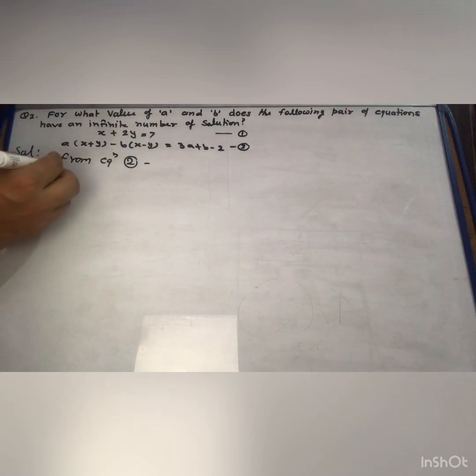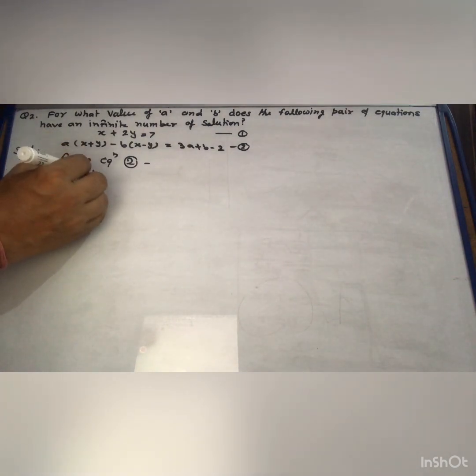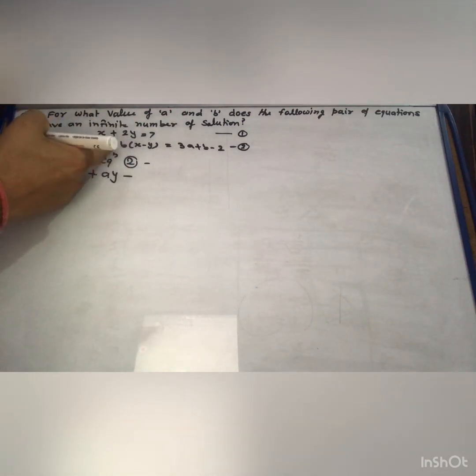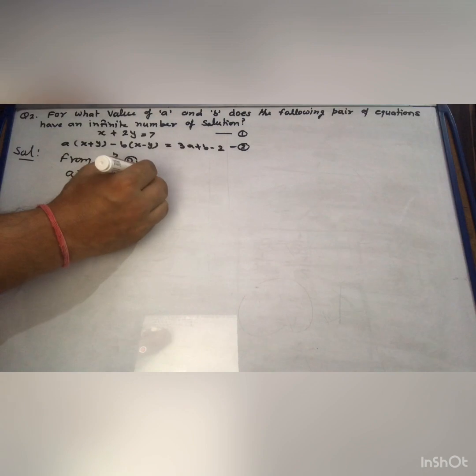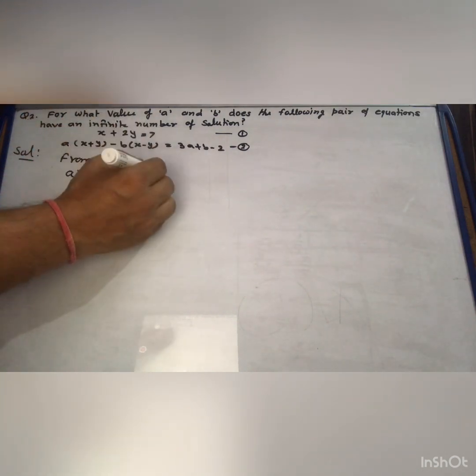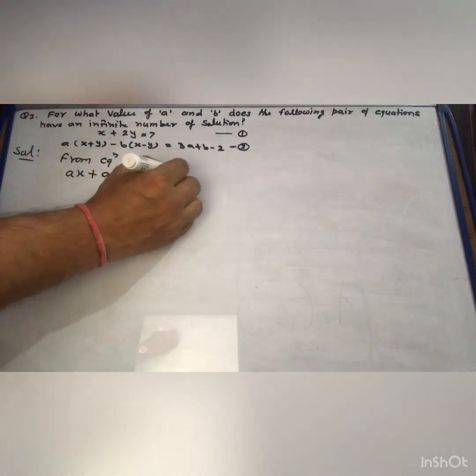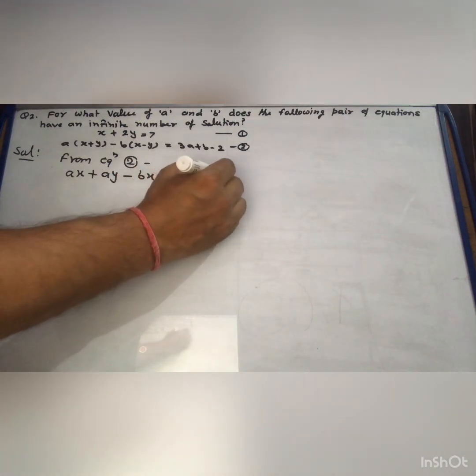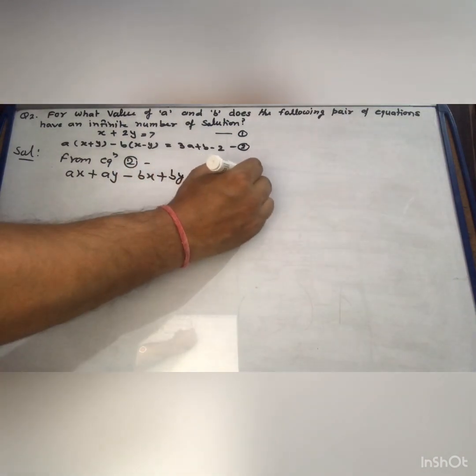Open the brackets: first you write a into x plus a into y minus b into x, and again minus and minus makes plus b into y, equal to 3a plus b minus 2.